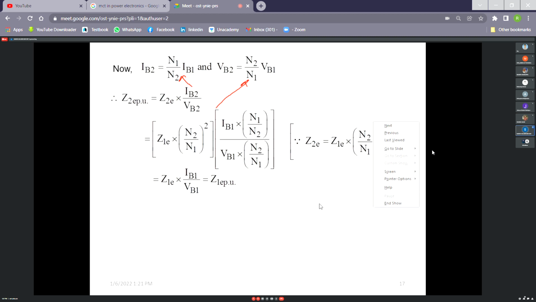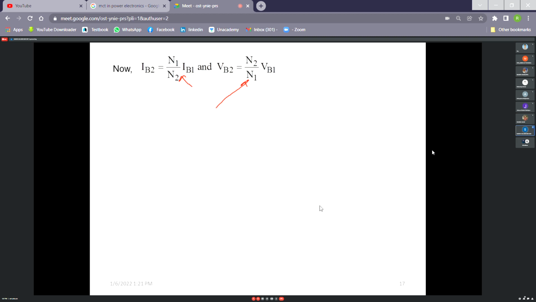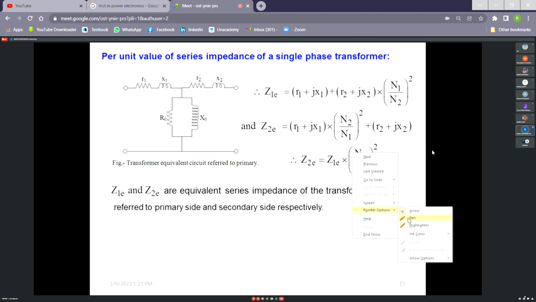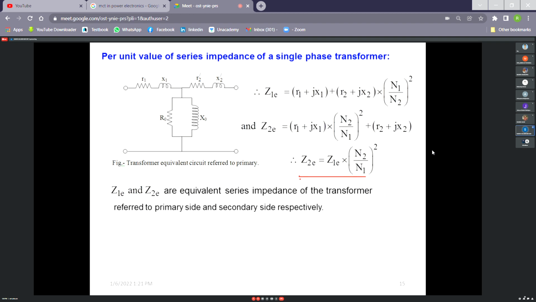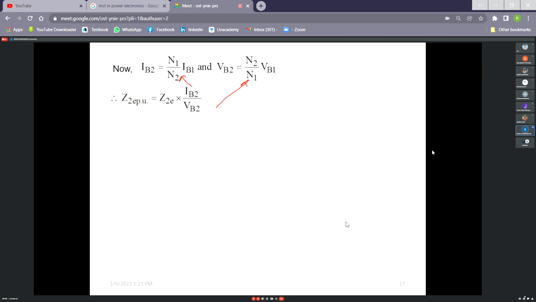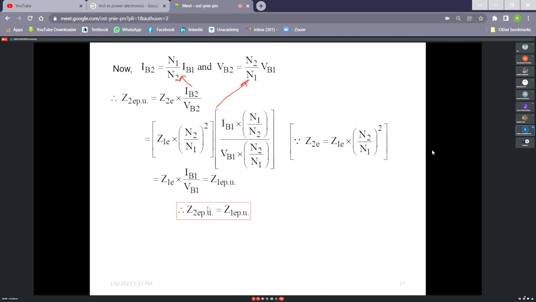Now you see, when it was in actual quantities, they were entirely different. There was no scope to make them the same, right? But when we represent them in per unit, then they become the same, right?